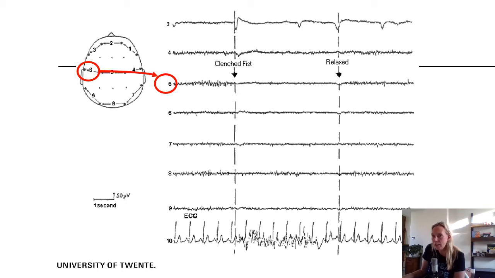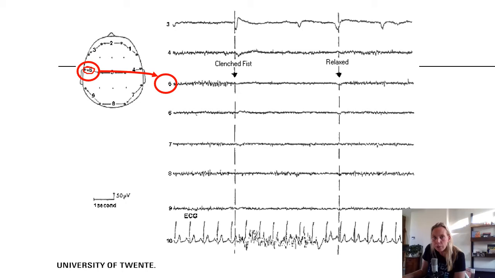If you look at, again, a normal EEG recording from somebody, for example, look at this electrode, electrode 6, which is placed over sensorimotor cortex, and you see here the recording. You see that there is a large rhythm present in the EEG right up until this moment.